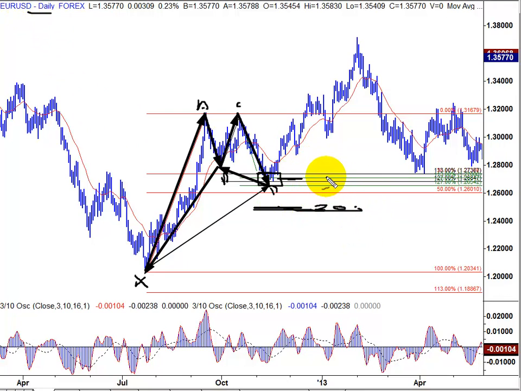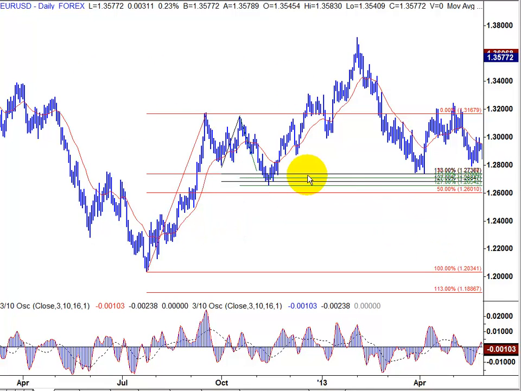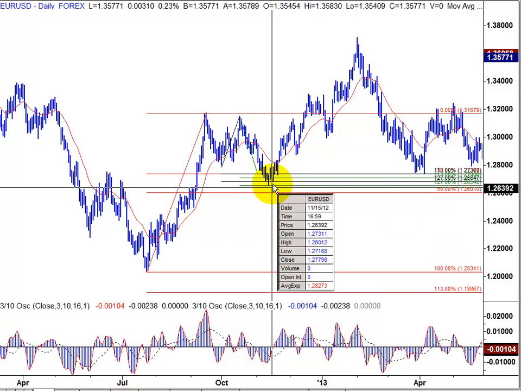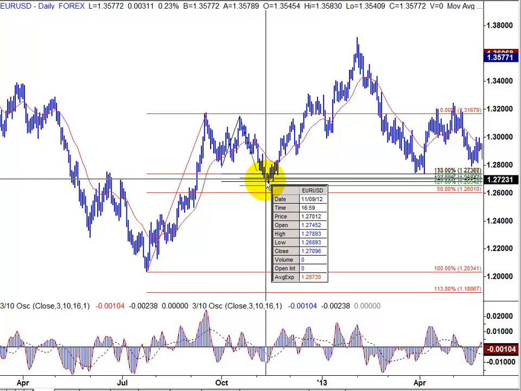So you would go from 1.27 to 1.25 would be your risk. All right. So that's how you define your entries and your risk points when looking at the markets.